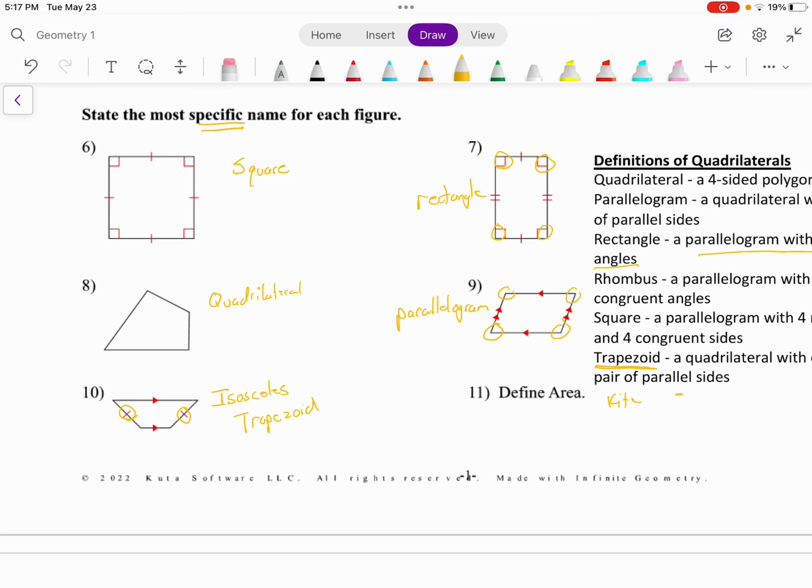Define area. Well, area is the number of square units. Square units, that's very important. It takes to cover a region. All right, so the number of square units it takes to cover a region. So page 1 is complete.